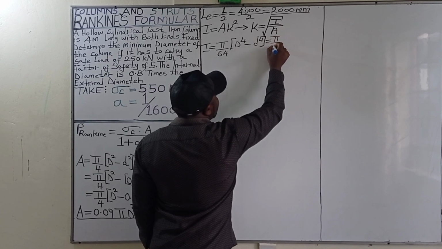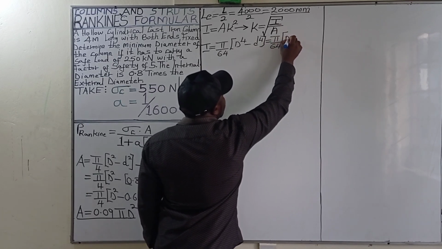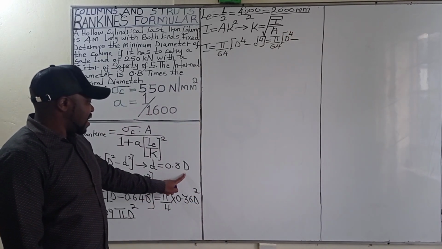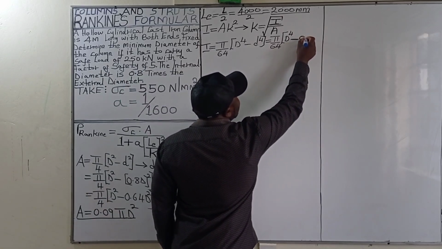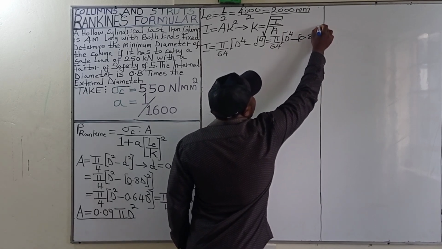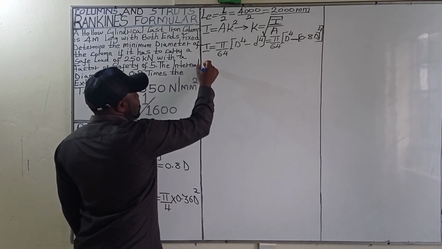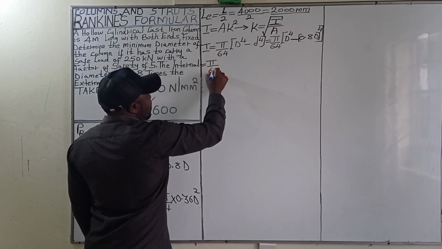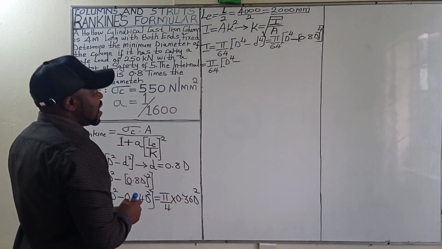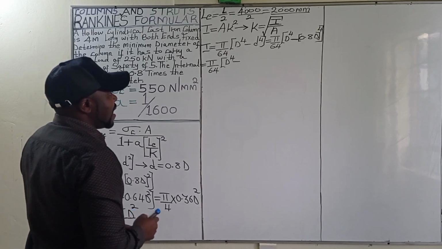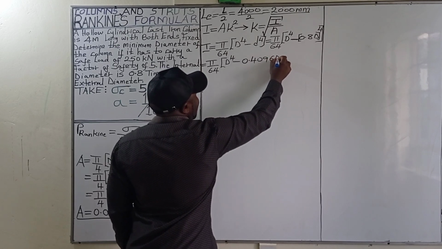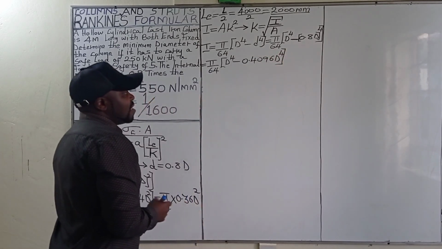We are going to have this pi over 64 into D raised to 4 minus d raised to 4. Small d is 0.8 capital D, so that is going to be 0.8 D, and then we raise them to the power of 4. So we are going to have pi over 64 into D raised to 4 minus 0.8 raised to 4, that happens to be 0.4096, and then D raised to 4.